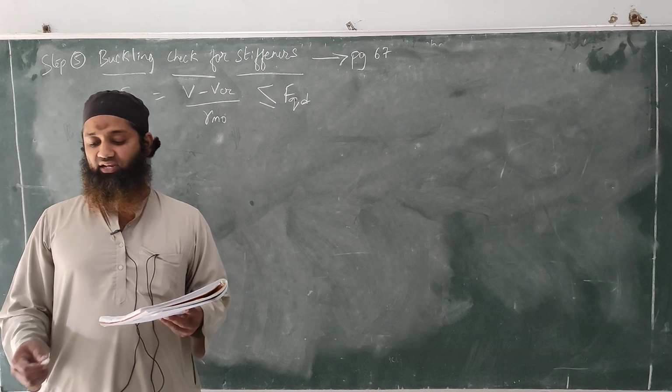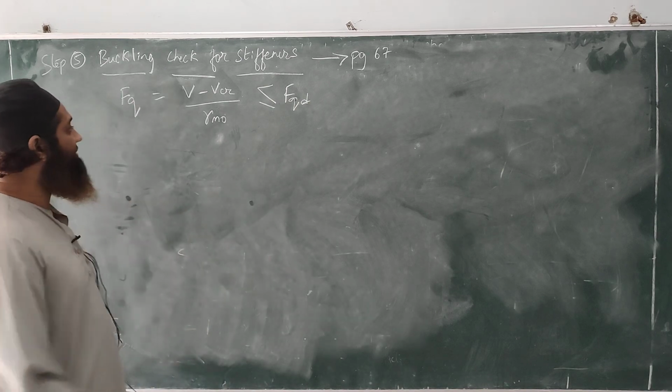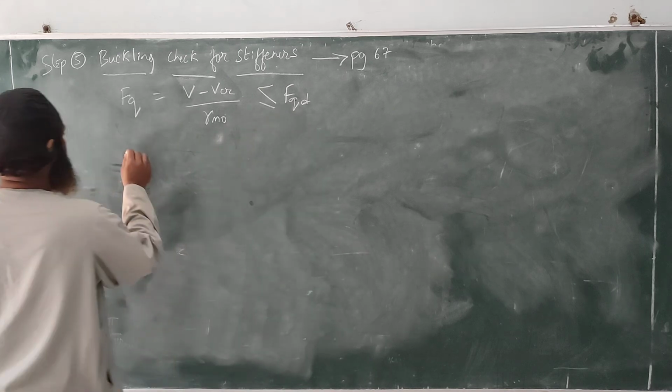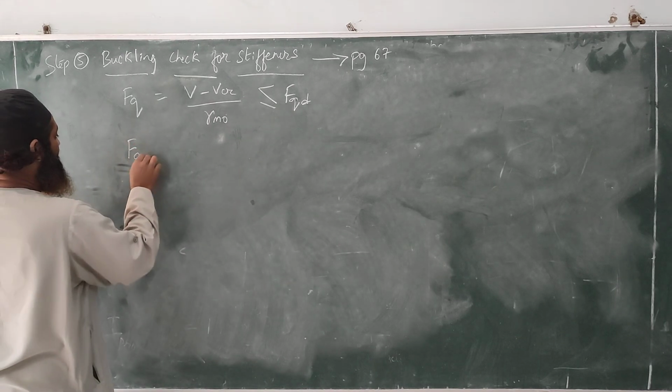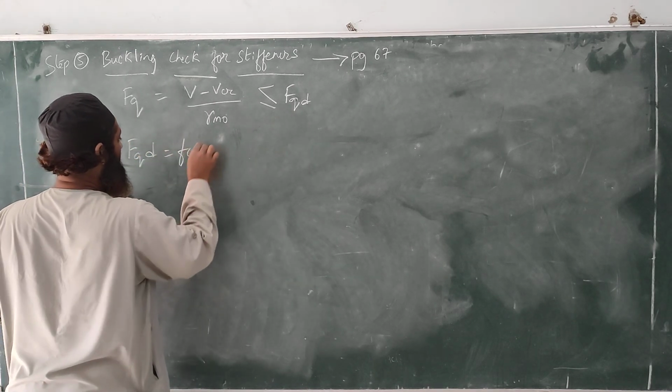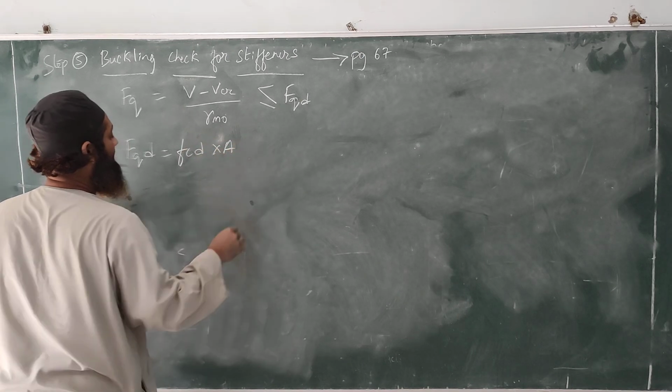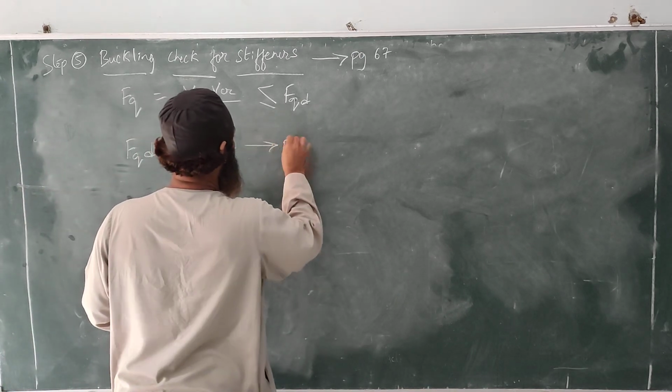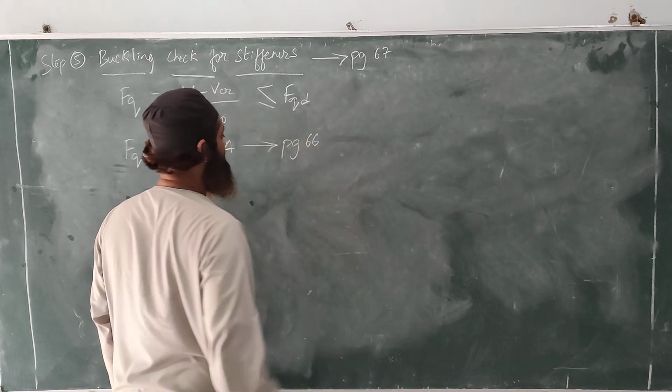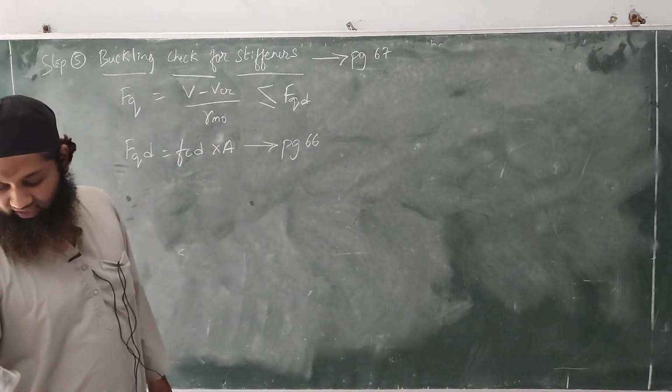FQD is FCD into A. FQD is equal to FCD into A. This is given in page 66 also. You can just check here in page 66, this has been mentioned.